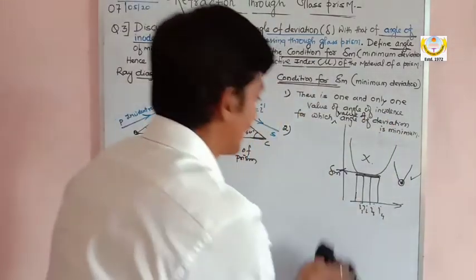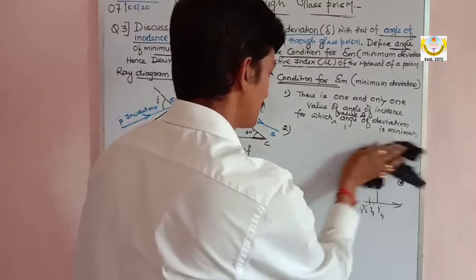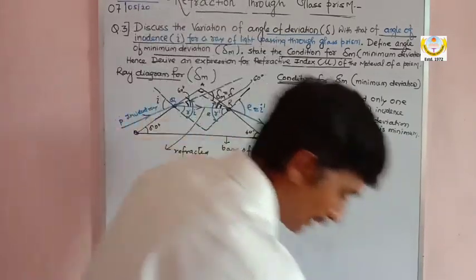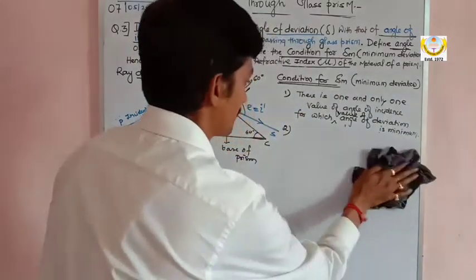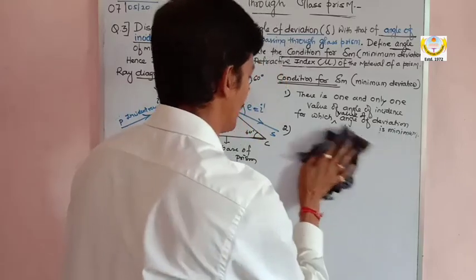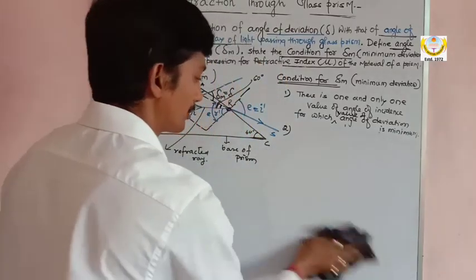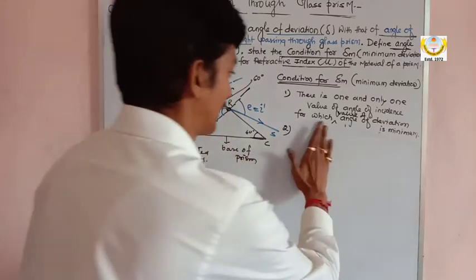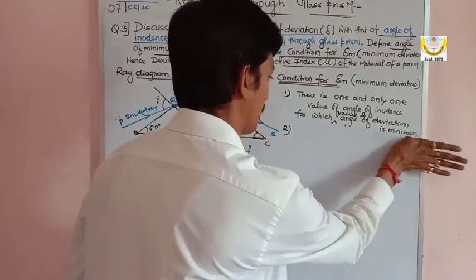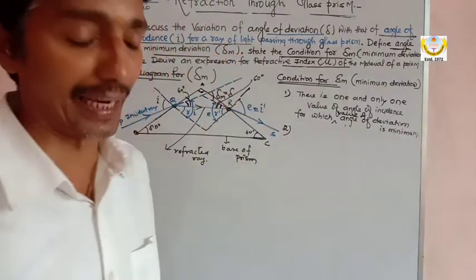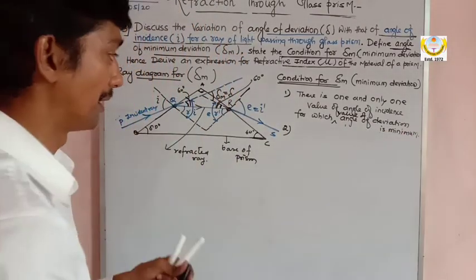Now the second condition, my dear. Please understand the topics. I hope now it is clear. So don't say only I and E are equal, my dear. Write proper things, because when you are writing a condition, it should be in a proper way. So this is also a condition, that there should be only one value of angle of incidence for minimum deviation.